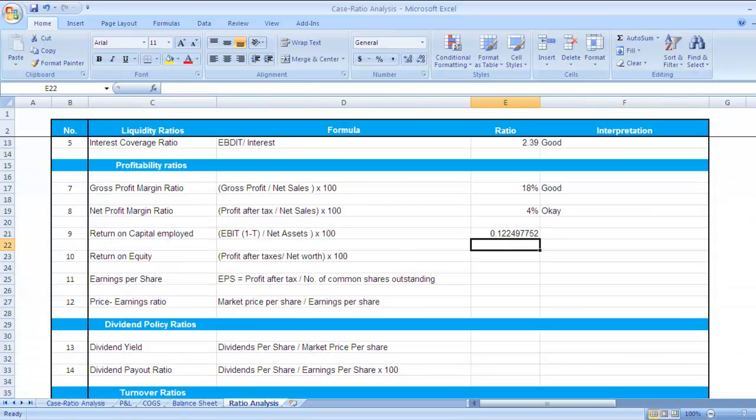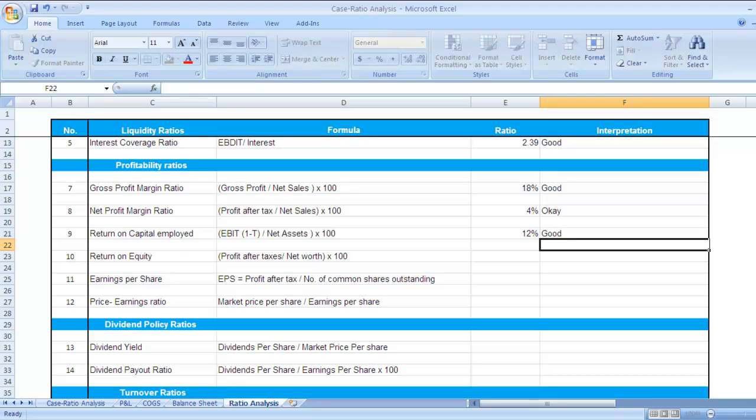Okay, so return on capital employed, you can check in percentage terms, is 12%. Return on capital employed seems good to me, so I'll put a good rating here. With this, let's move to return on equity.